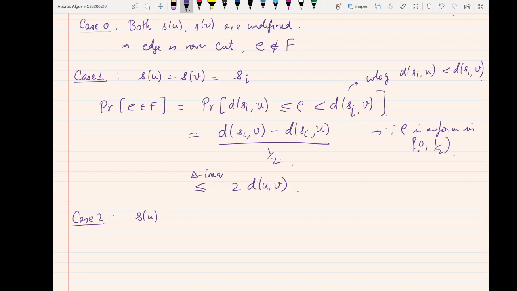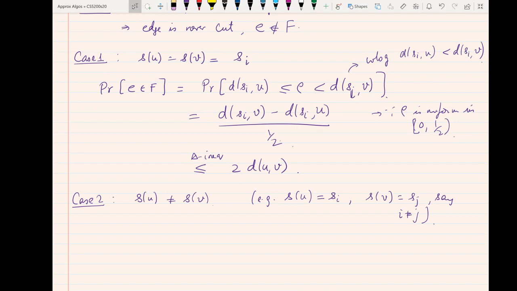When S of U is not equal to S of V. So let us say that S of U is equal to Si and S of V is equal to Sj. Now, if one of these is undefined, you will see that the probability is at most what we'll write below, so it's not going to be a problem.